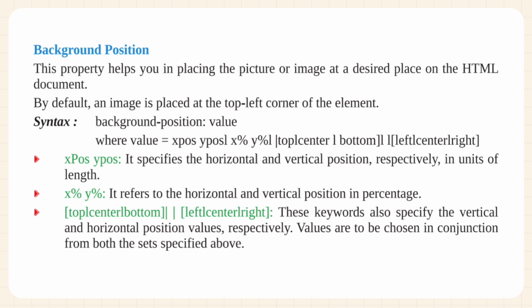Xpos ypos specifies the horizontal and vertical position, respectively, in units of length. x% y% refers to the horizontal and vertical position in percentage. Top | center | bottom, left | center | right. These keywords also specify the vertical and horizontal position values, respectively. Values are to be chosen in conjunction from both the sets specified above.